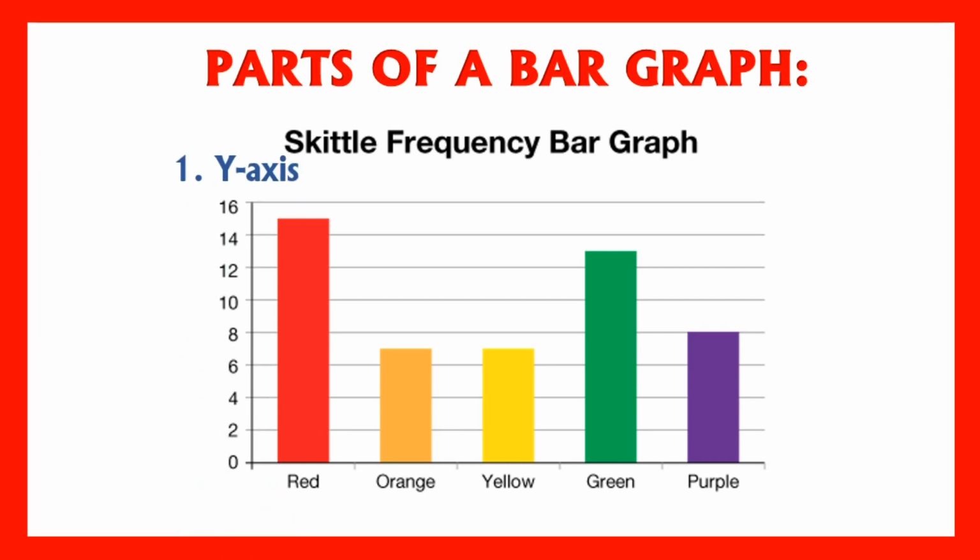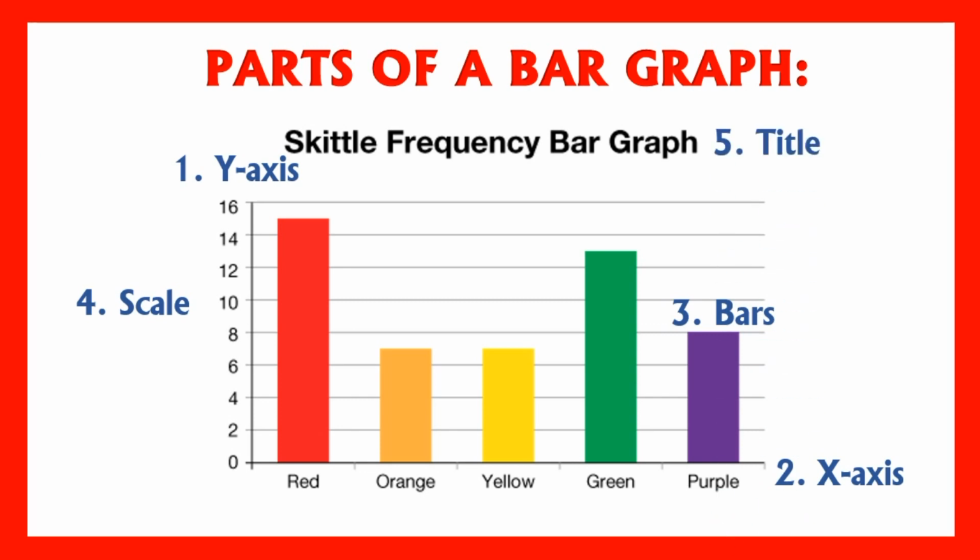The first part: it must have a y-axis. Then the x-axis will be there, right? And third, it must have the bars and the scales. Then only can we easily identify the number of the given items or quantities.